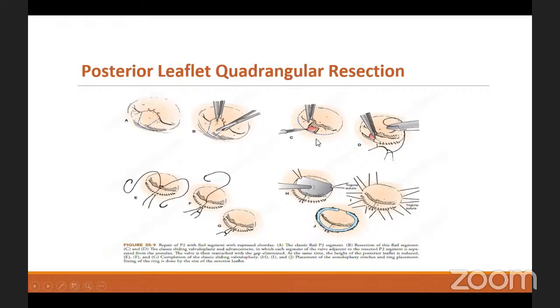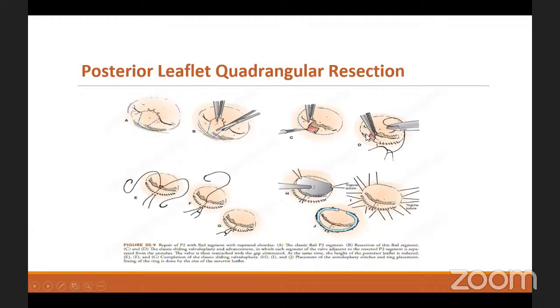Then another incision is made just adjacent to the resected P2 segment at the base of the annulus, for sliding valvuloplasty.